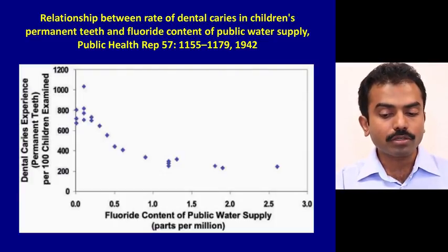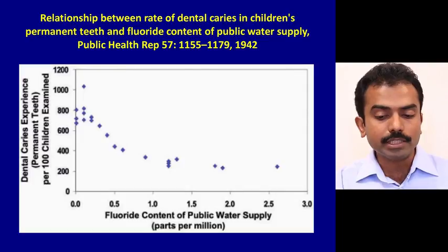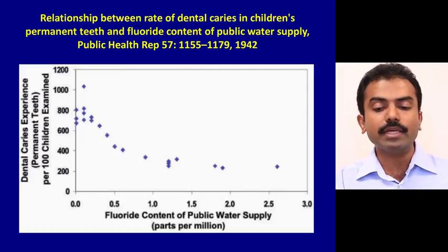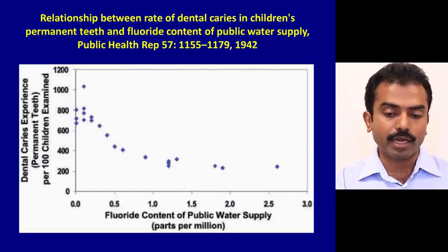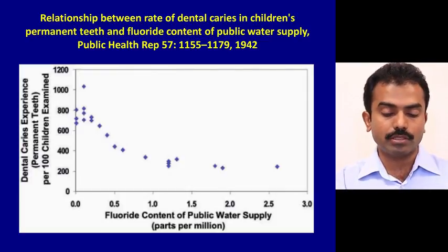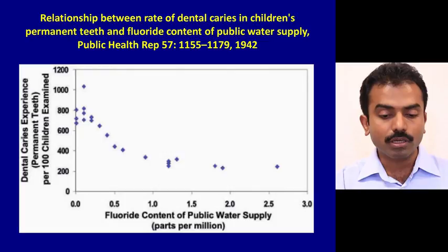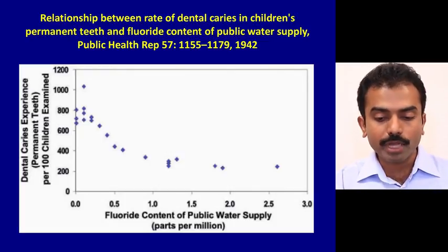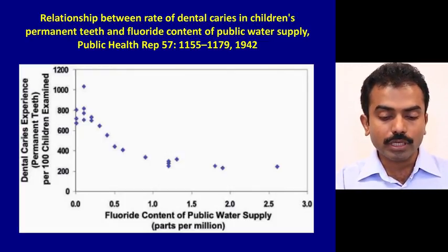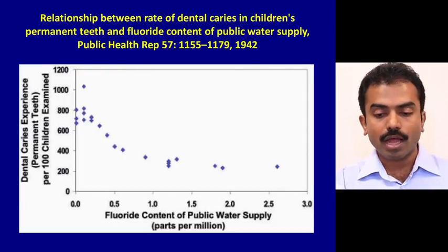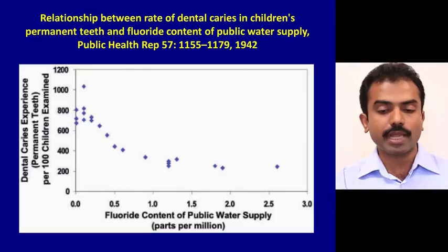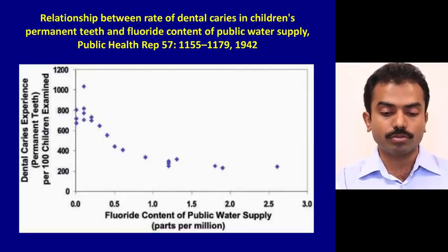Now here we are not talking to each individual whether he drinks water which has fluoride content and then dental caries. Here we are looking at communities. We have information on fluoride content of public water supply in a community and also information on dental caries rates. And we just take those two, do a scatter plot and see is there an association.